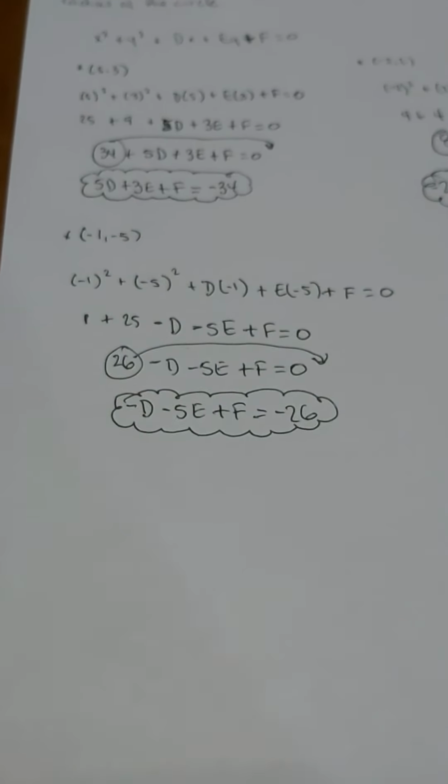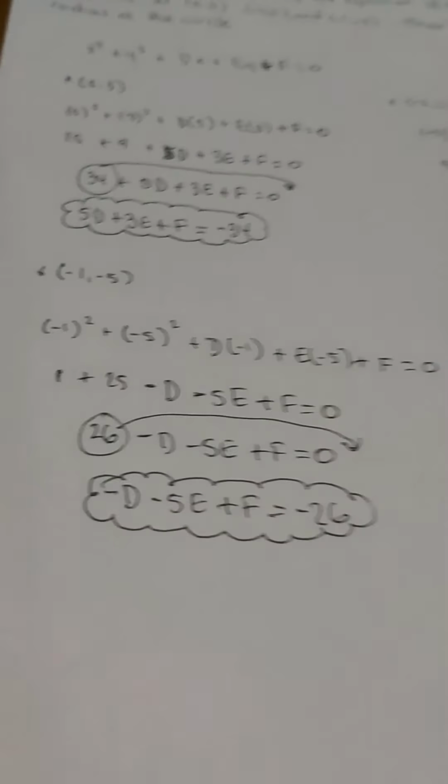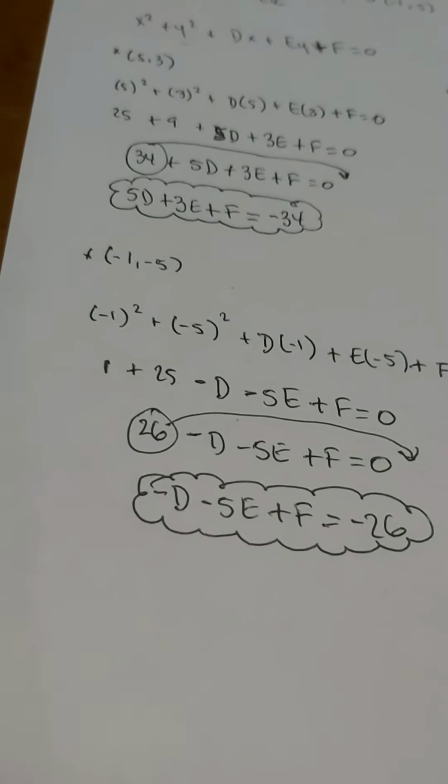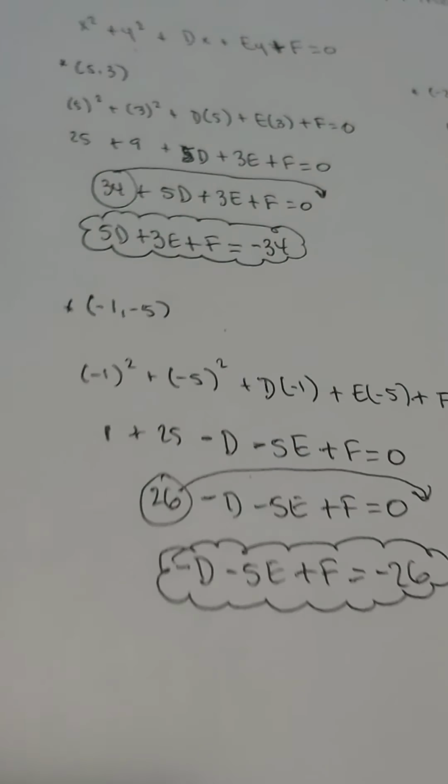So now we have 3 equations in 3 variables, d, e, and f. So we're going to have to find the values of d, e, and f by solving a system of equations in 3 variables.